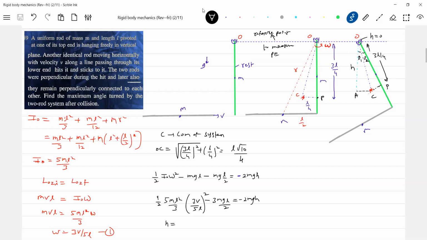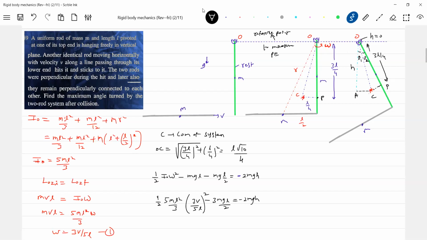G will not get eliminated. G will be there. Let me simplify. Here 3 will be there.